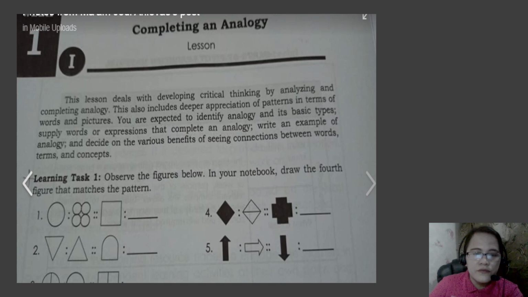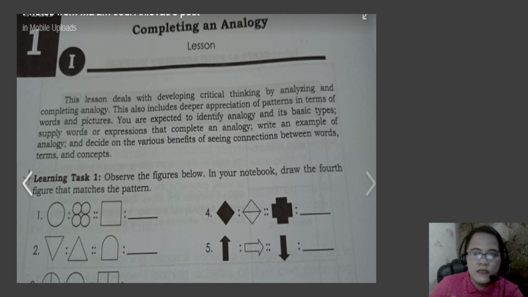Okay? Then, for number 2, triangle na baliktad, ibinalik sa pagkakaayos. And, ang kasunod na figure ay baliktad na parang swelas ng sapatos. Ano kaya ang kasunod nito na pattern, na image or shape?